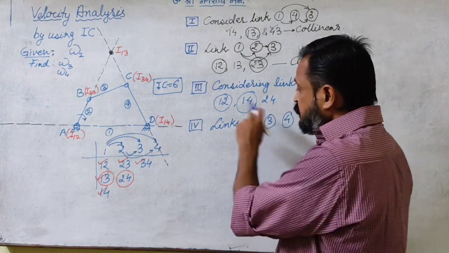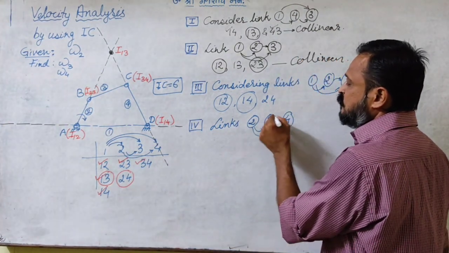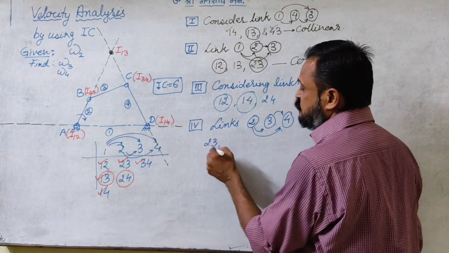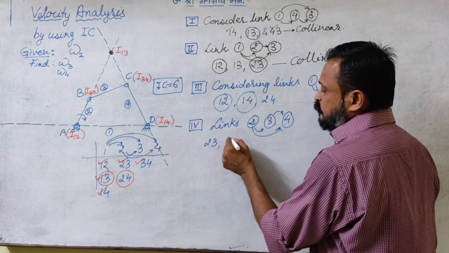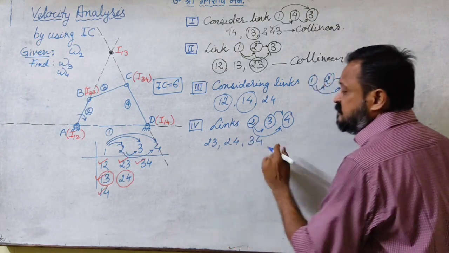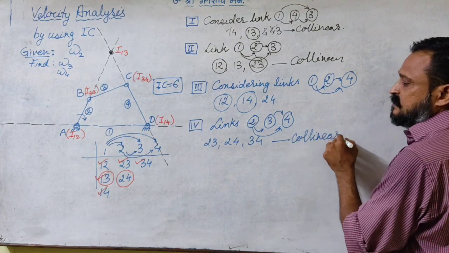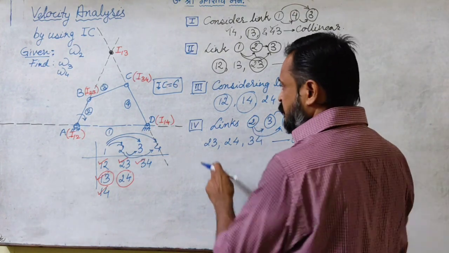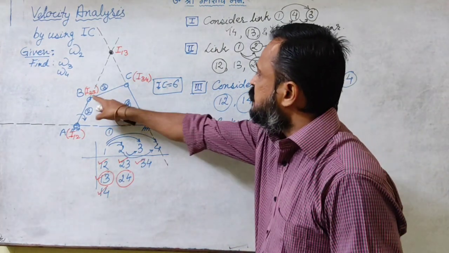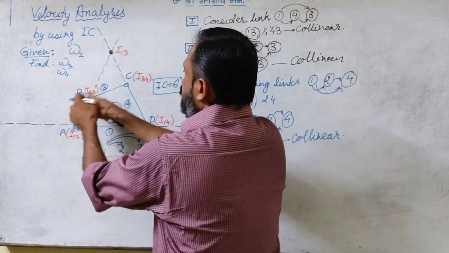For these three bodies, which will be the instantaneous centers? 2,3, 2,4 and 3,4. So these three instantaneous centers will be collinear. Right? Out of which 2,3 and 3,4 we have already located, that means joint B and joint C.